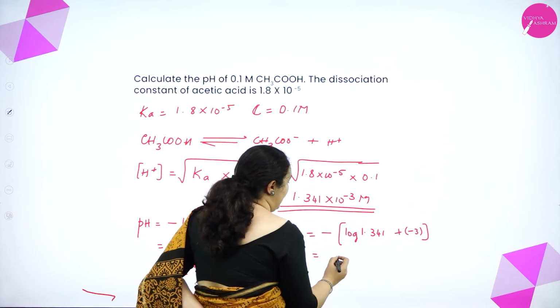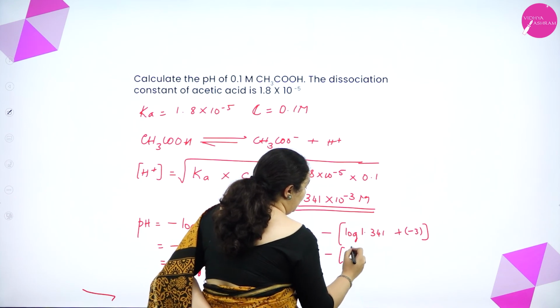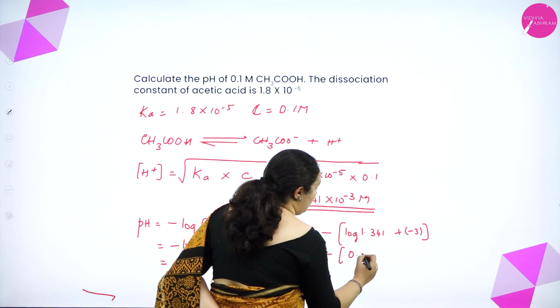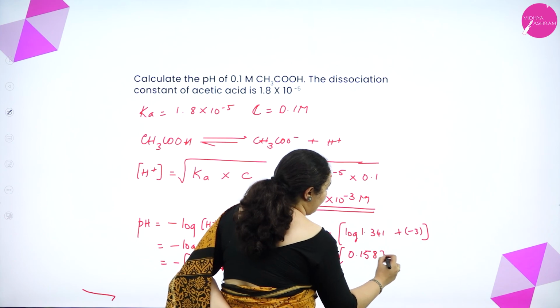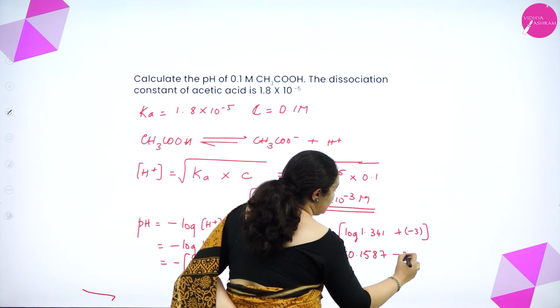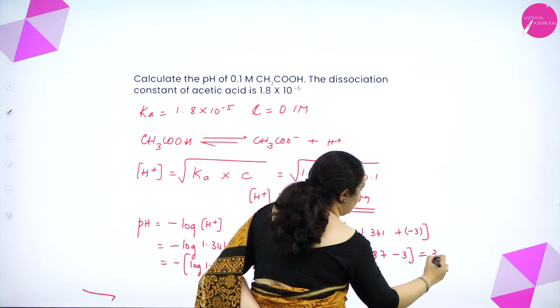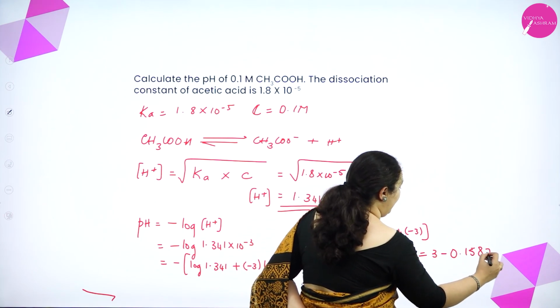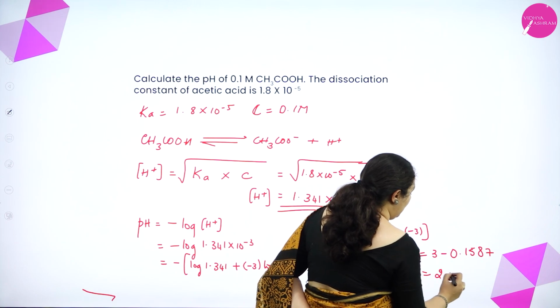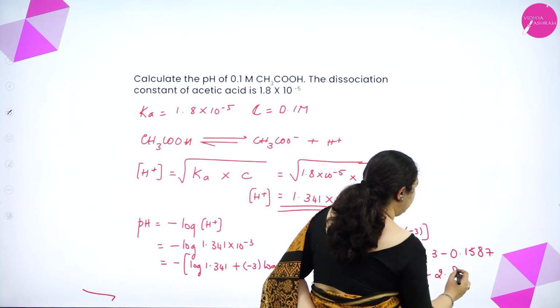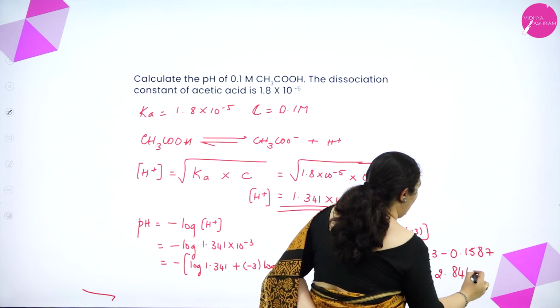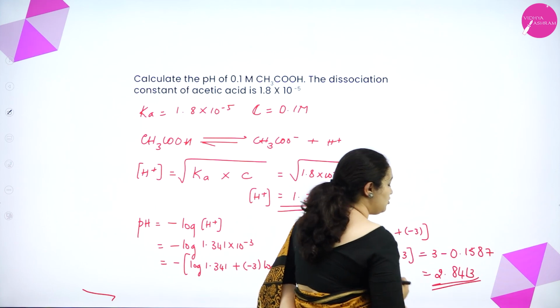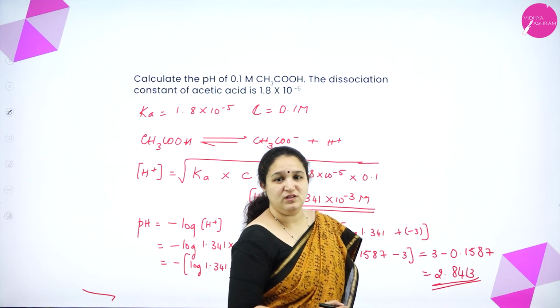So this value will be negative. Logarithm value is 0.1587 and minus 3, which is equal to 3 minus 0.1587, which is equal to 2.8413. So this is the pH of the solution.